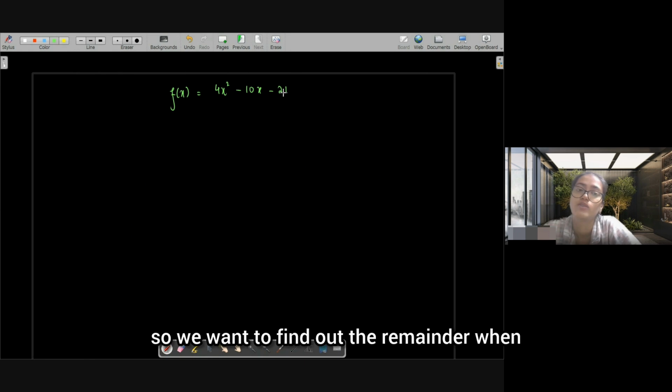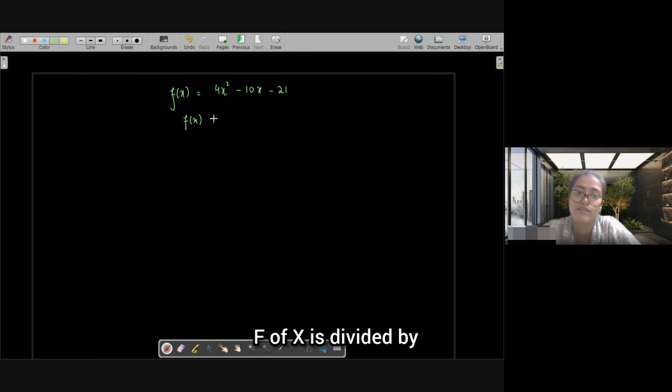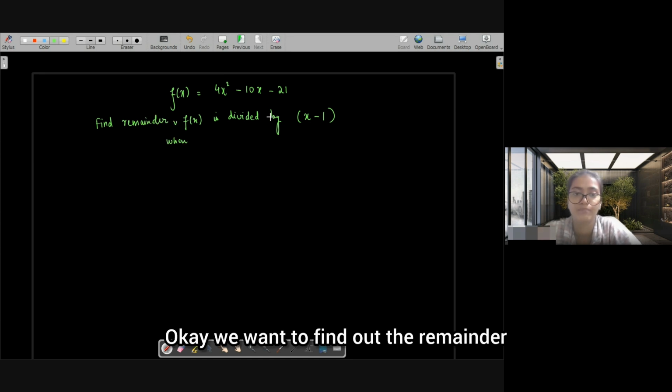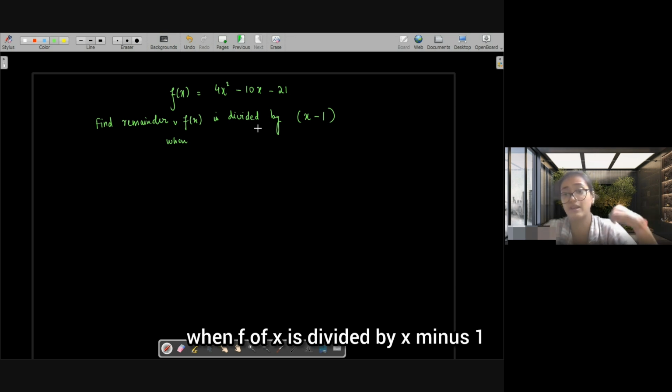Okay. So we want to find out the remainder when f of x is divided by x minus 1.